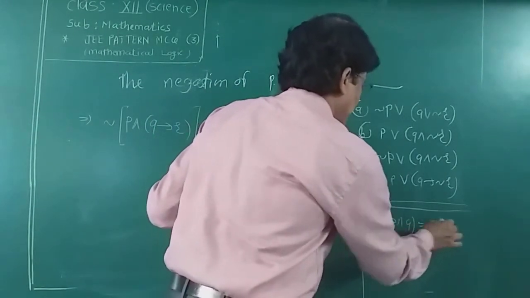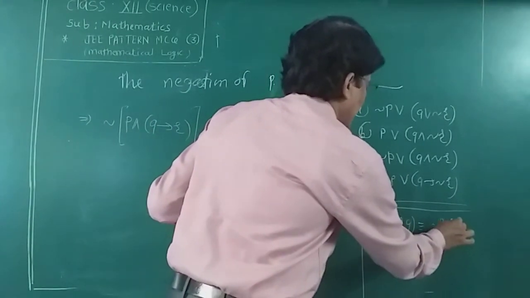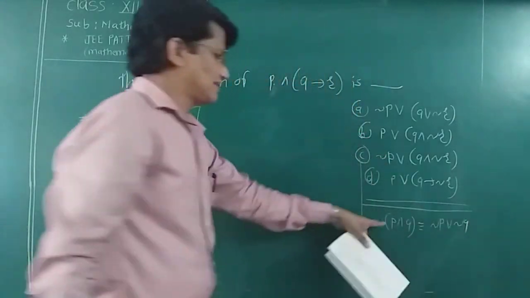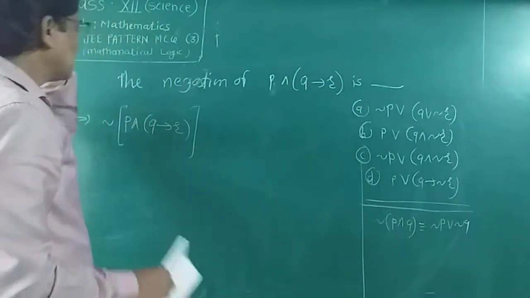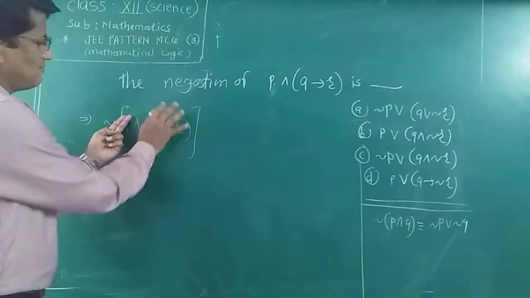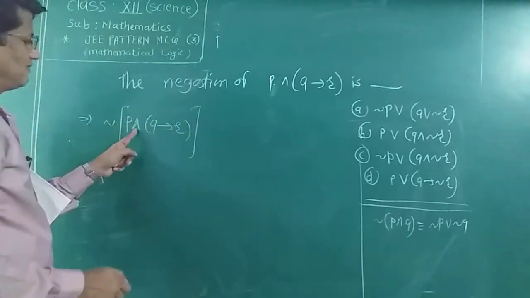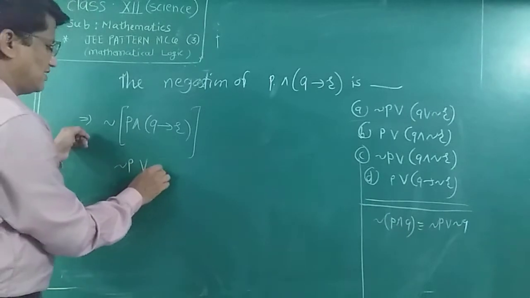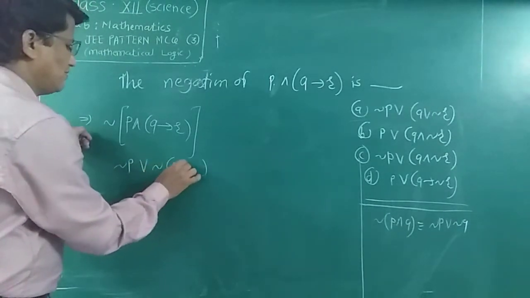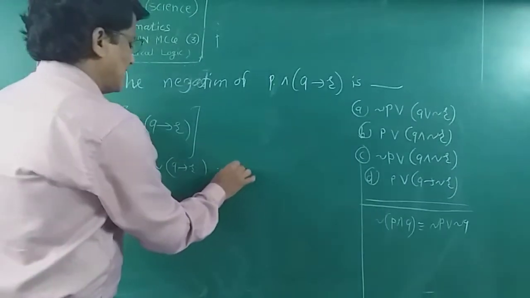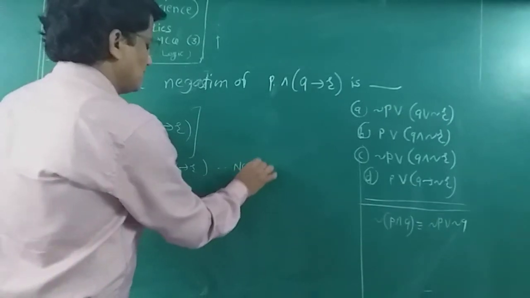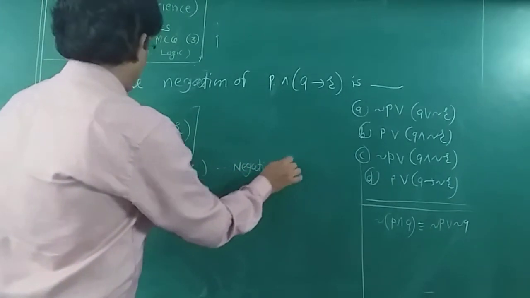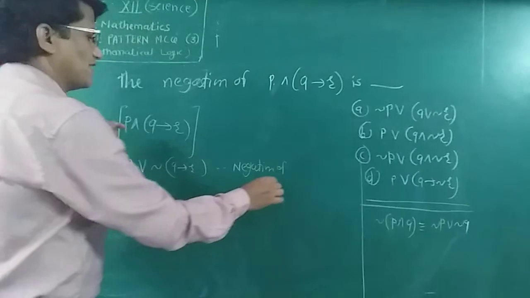So negation P or with negation Q. This is our rule. So here P is the first term, this bracket is the second term connected with R, and negation P or with negation of this bracket Q implies with R. So we can write here which rule? Negation of conjunction.